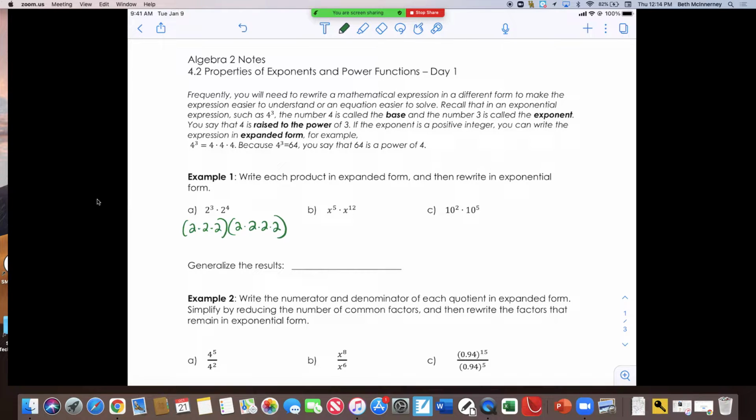So I can now go back to my definition of an exponent, and that's 2 to the 7th power. Okay, that is 2 to the 7th power. Now, for part B and C, I would like you to expand and then write it in what we call exponential form, the base to an exponent.